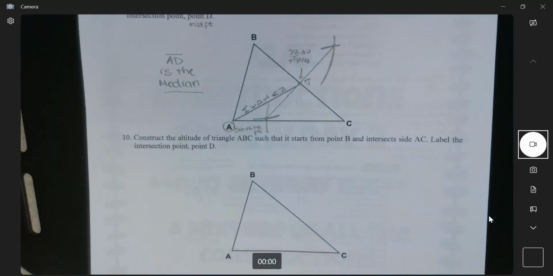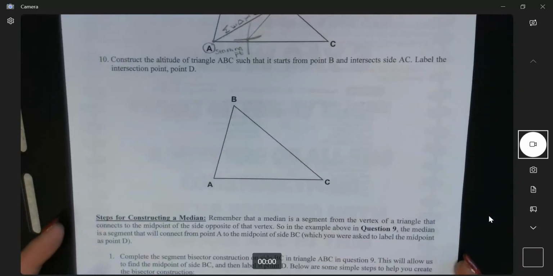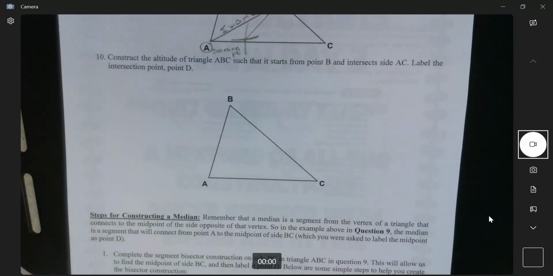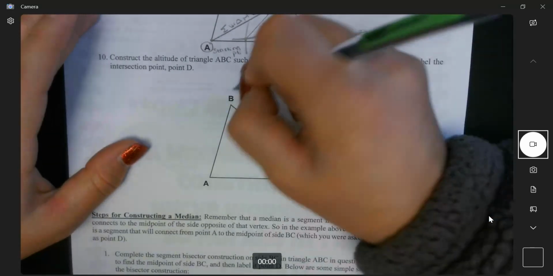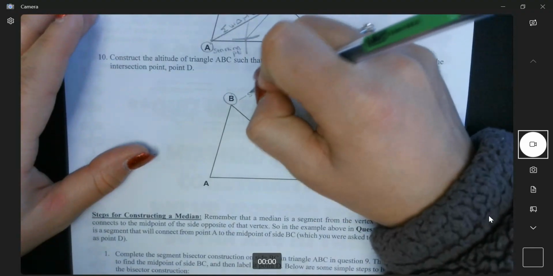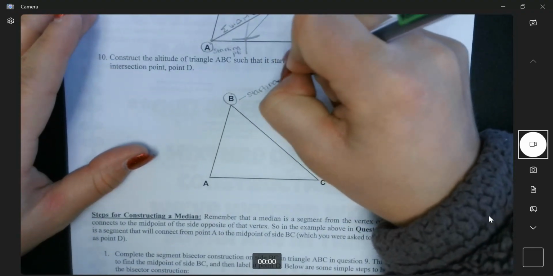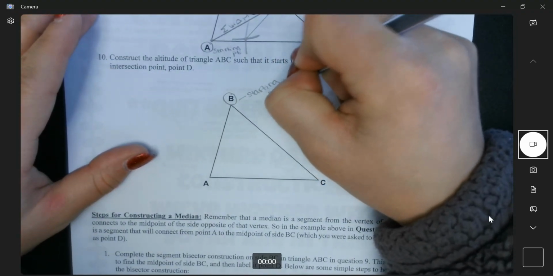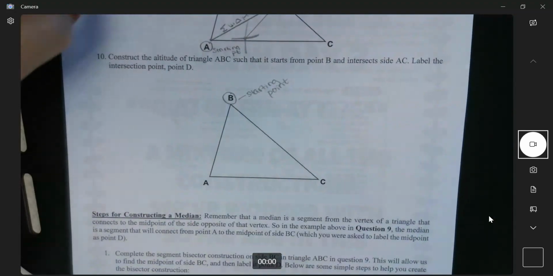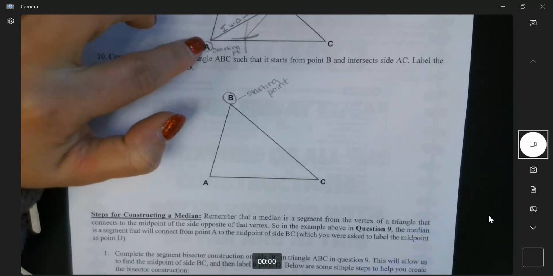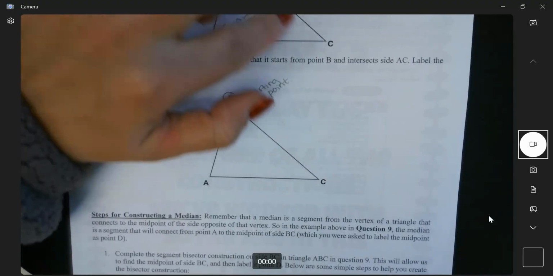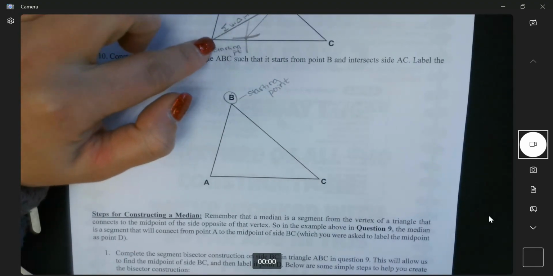All right, then looking at 10, we have construct the altitude of triangle ABC such that it starts from point B and it intersects side AC. Label the intersection point, point D. So this is our starting point this time. The difference between the median and the altitude: the median starts from a vertex and it goes to the midpoint of the side that's opposite of that vertex.